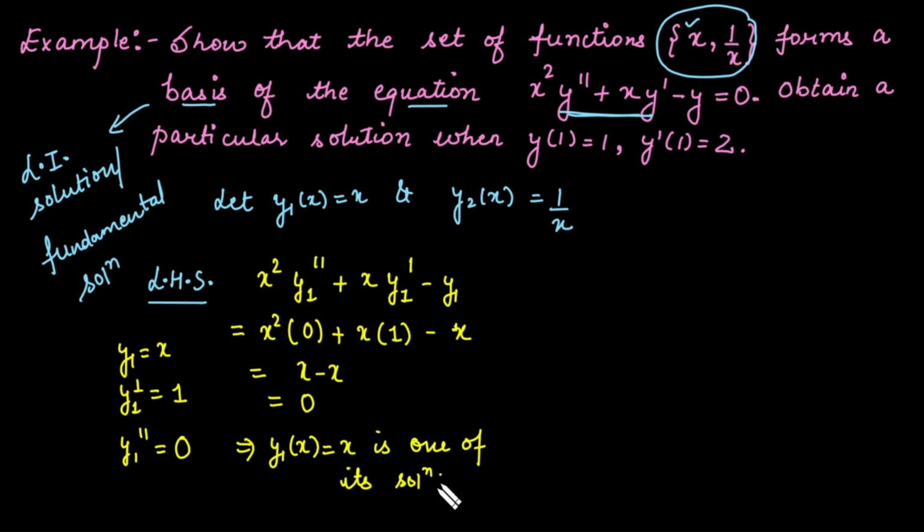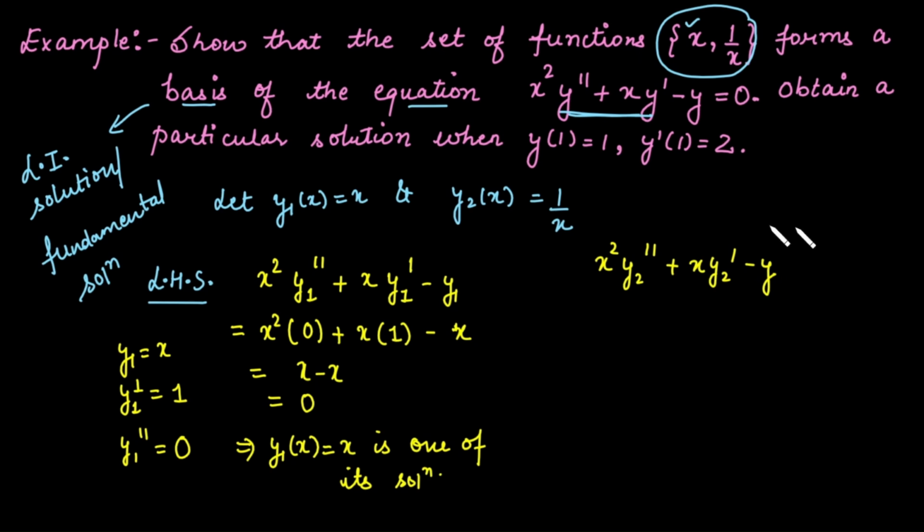Now what about the second one? Whether y2(x) is a solution of this differential equation. If it is a solution, definitely it will satisfy this differential equation. For that, we will take x square y2 second order derivative plus x y2 first order derivative minus y2.